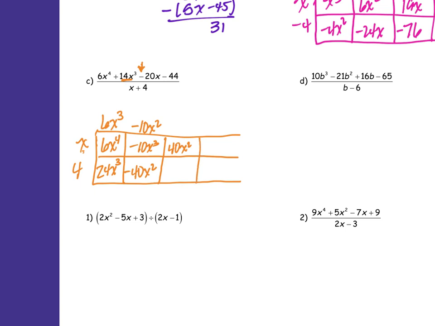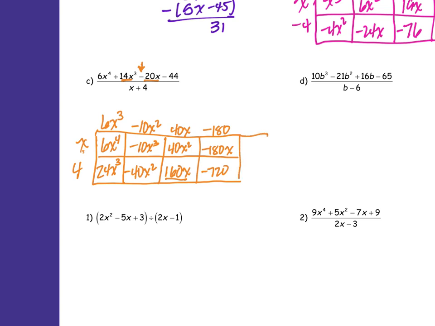So what do I multiply x by to get 40x squared? 40x. And 40x times 4 is 160x. What do I add to 160x to get negative 20x? That would be a negative 180x. So what do I multiply x by to get a negative 180x? Well, a negative 180. And a negative 180 times 4 is negative 720.